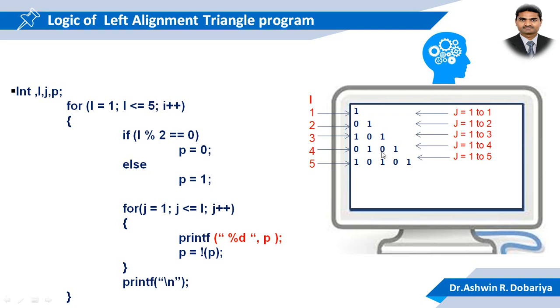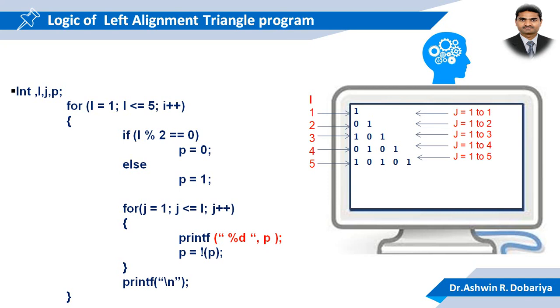Similarly in the fourth line we want to print 4 digits and in the fifth line we want to print 5 digits. So j starts from 1 and ends with the line number. So we can write j is equal to 1, j less than or equal to i, and j plus plus. This is the common loop counter variable setup.